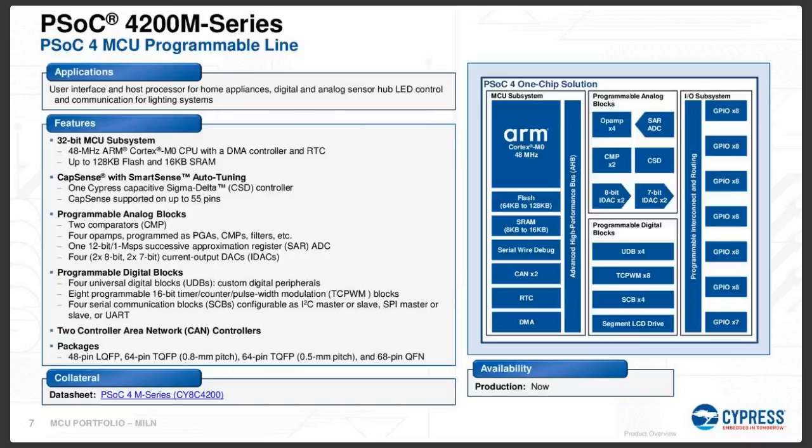Again, on-chip flash, on-chip SRAM, and an on-chip serial debugger that uses an SWD interface, which is a standard ARM interface for programming and doing debug. The M series, as I mentioned, has the CAN for automotive, and a real-time clock. Many of the PSoCs have DMA, so you can offload a lot of the functionality of the processor using DMA.